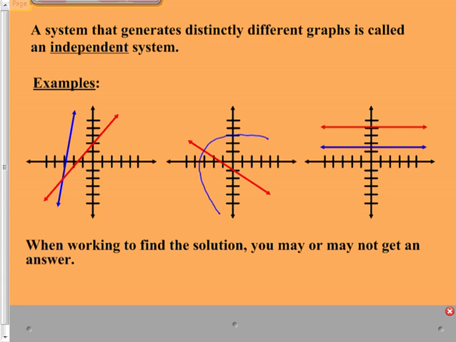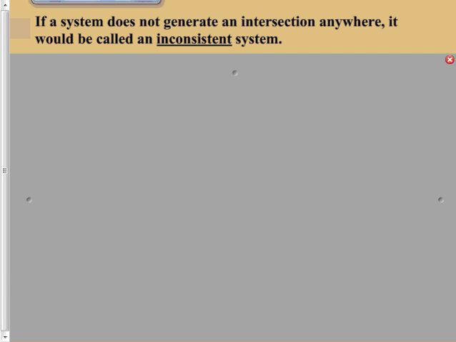Another category that we have is inconsistent. If a system does not generate an intersection anywhere, then it would be called an inconsistent system.